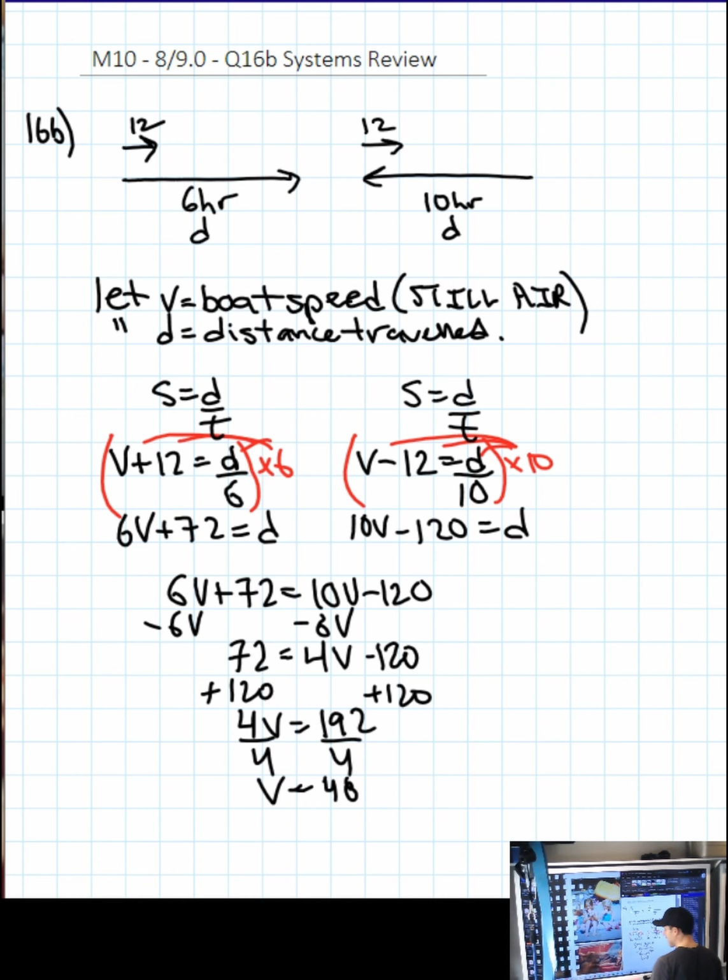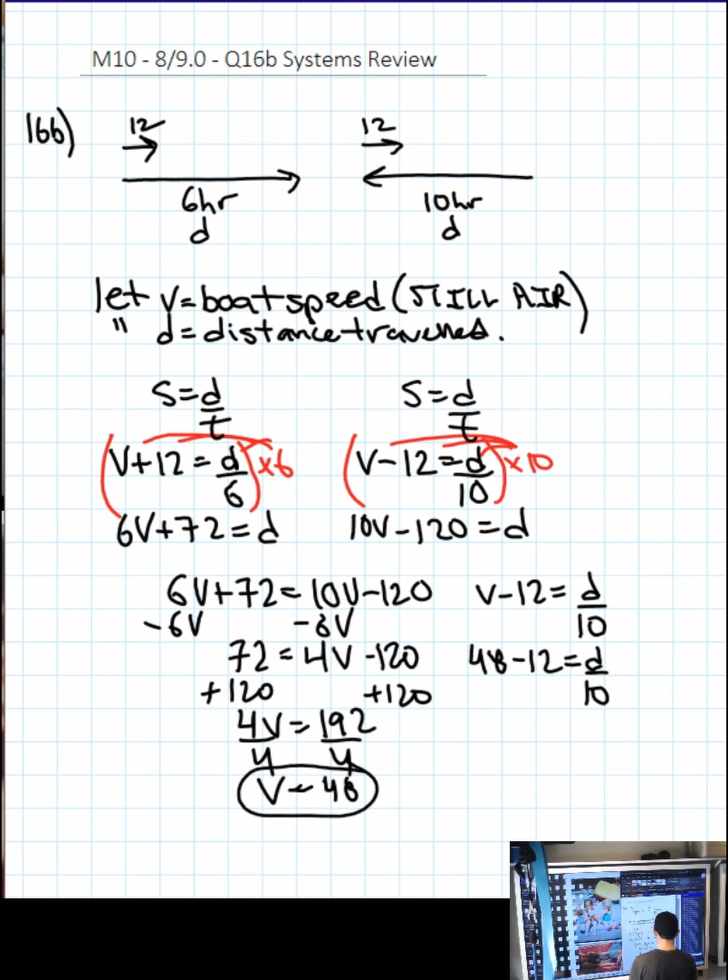Therefore, we can put that back into one of the simpler equations. How about the one on the right? v minus 12 equals d over 10. Taking the v value of 48 that we just got and substituting it, 48 minus 12 equals d over 10. 48 minus 12 will be 36.